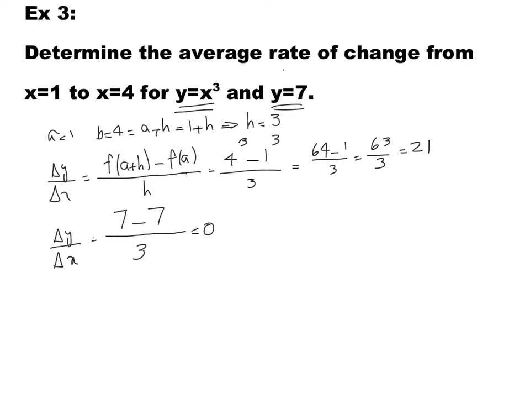And if you really look at this one, y equal to 7, this is going to represent a horizontal line. And as you can see, the rate of change of a horizontal line is 0. There is no change in the y values. y is always staying equal to 7.